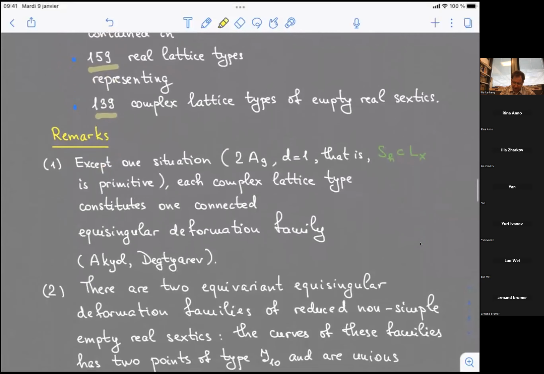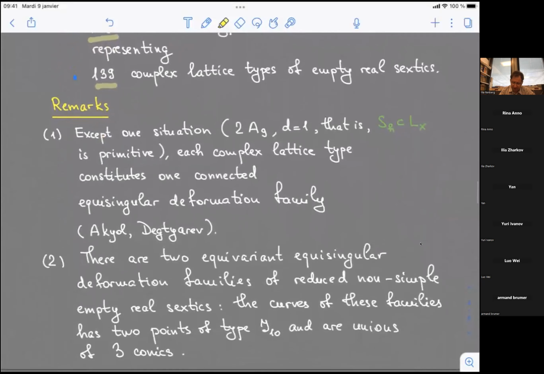And as I said, my remarks are not homogeneous. The second remark is the remark I promised. I'm speaking only about simple sextics, but it's easy to complete the classification of simple empty real sextics to a complete equivariant equisingular deformation classification of empty real sextics.